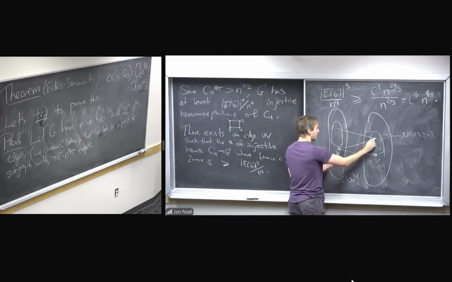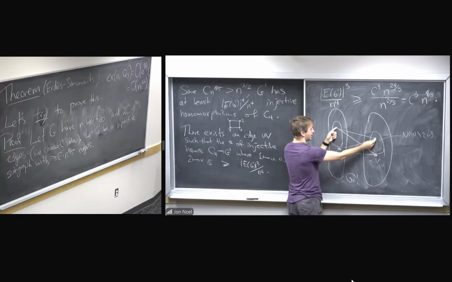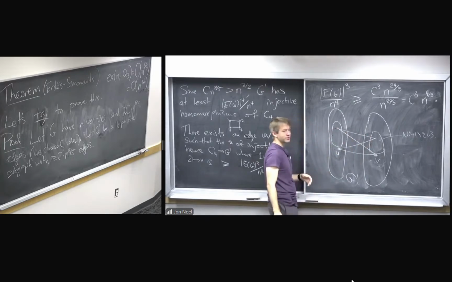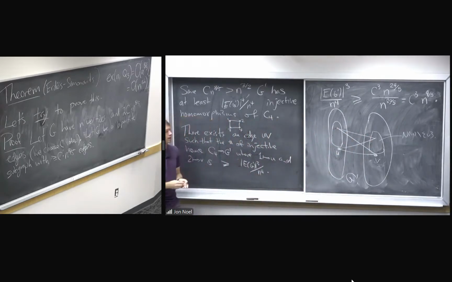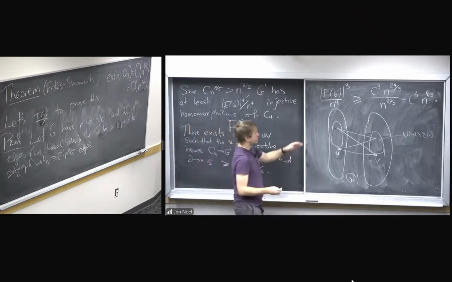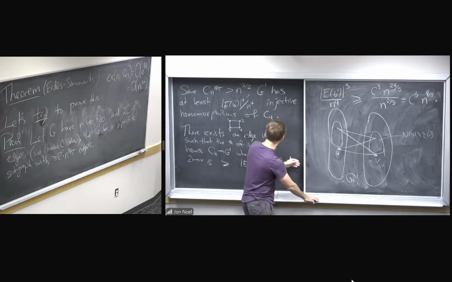Because if there's an edge here, it makes a 4 cycle, and every 4 cycle corresponds to an edge between those two sets.